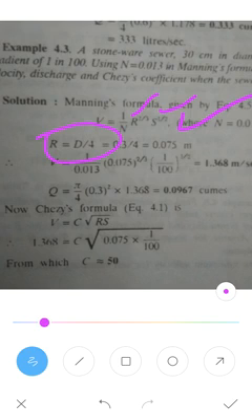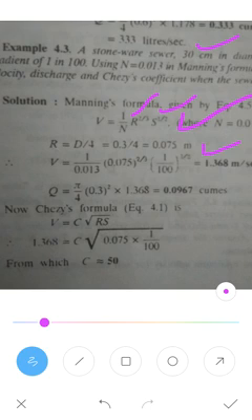The diameter is 30 centimeter; convert that into meter, which is 0.3. So 0.3 divided by 4, you will get the mean hydraulic radius as 0.075.